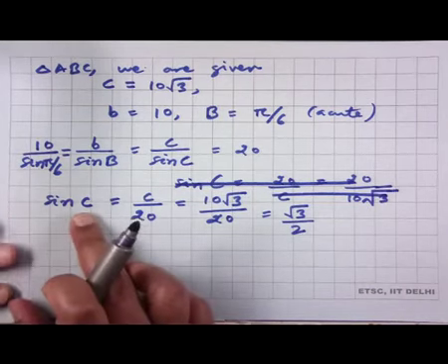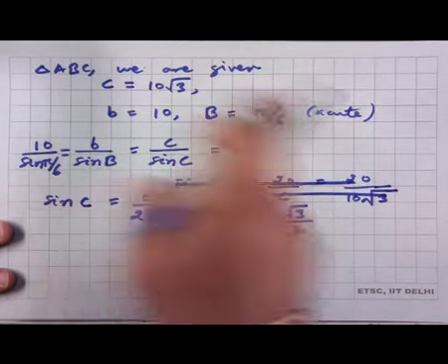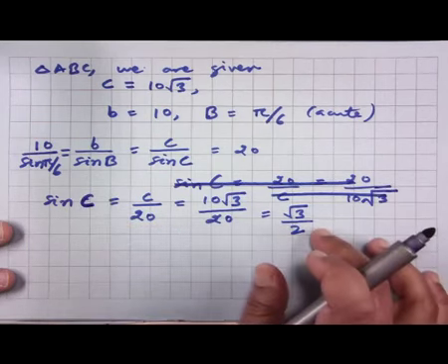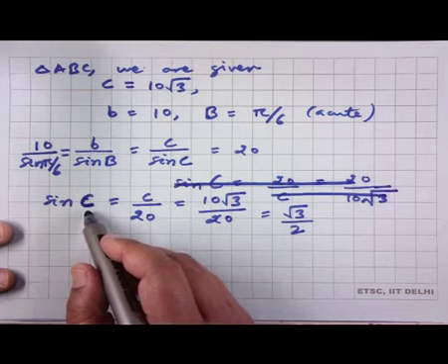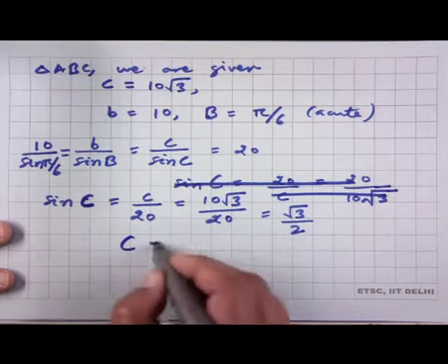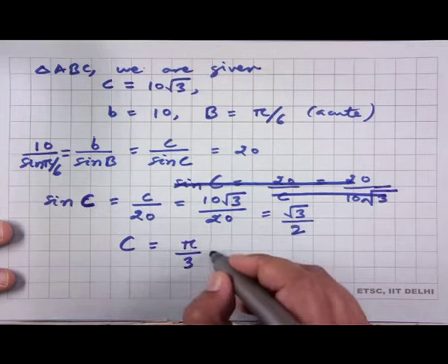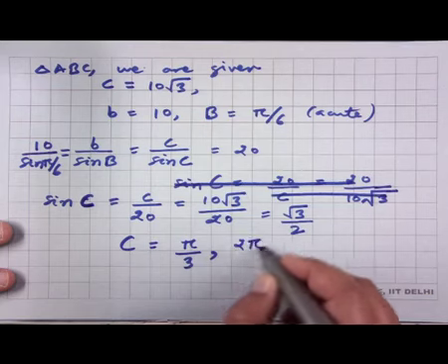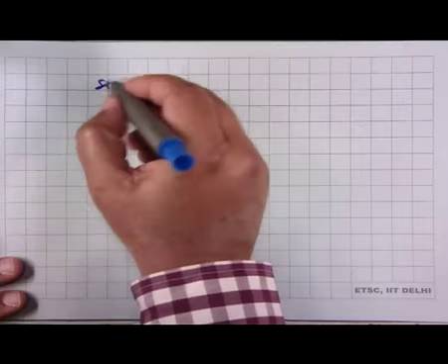So we know that from the sine law and these given elements, sine of angle C is root 3 by 2, and because C lies between 0 and 180, there are two possibilities. C is either equal to 60 degrees or it is equal to 120 degrees, but which one of these two do we take?